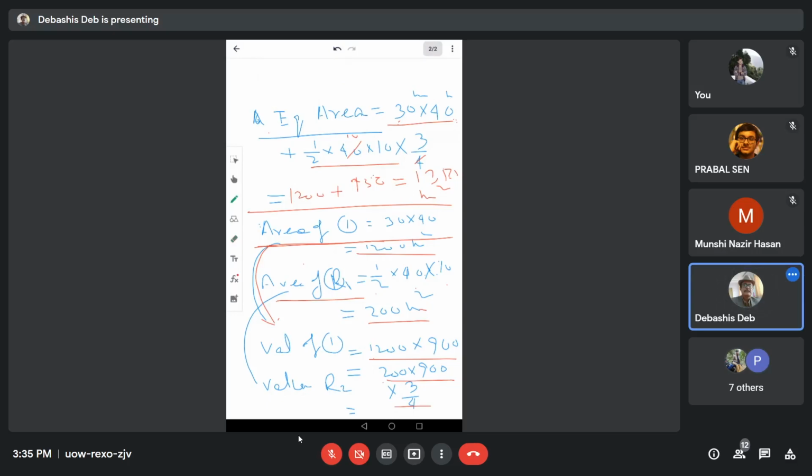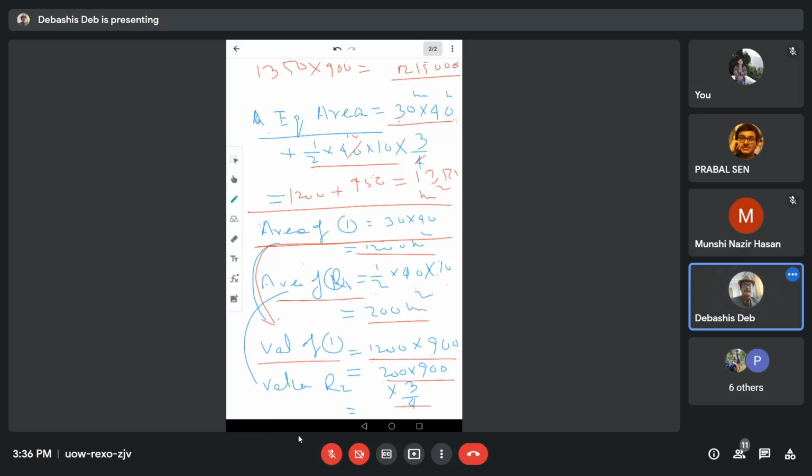Now, 1350 into 900, how much is it coming? 1,215,000. 121500, okay. Now here, just tell me the value of 1. And below, in the conventional method, value of 1 and value of R1.